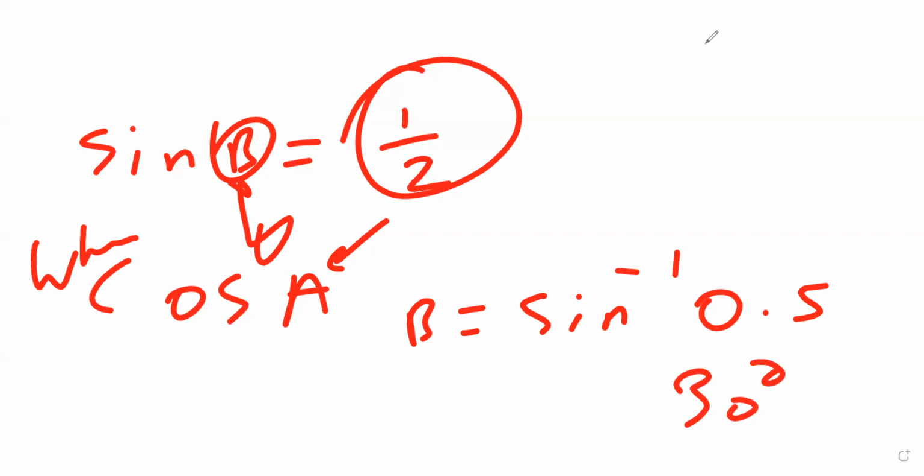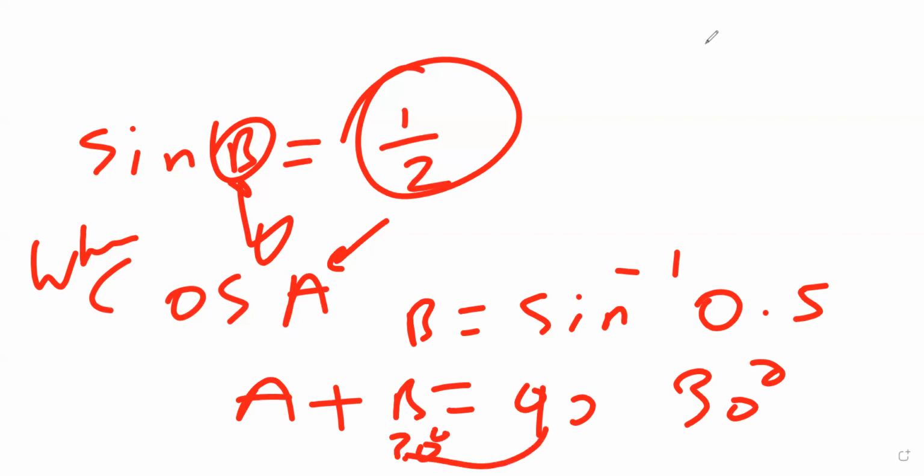Then by default, to find A, A plus B should give you 90 degrees. B is 30 degrees. If we subtract 30 from 90, we get 60 degrees, so A would be equal to 60 degrees. This should not be taking you a minute to solve. It's very simple.